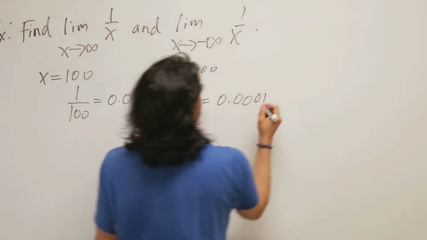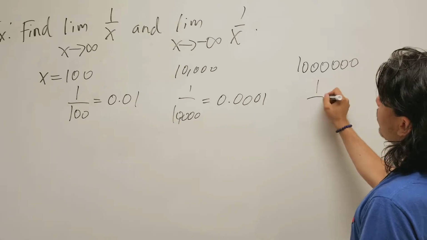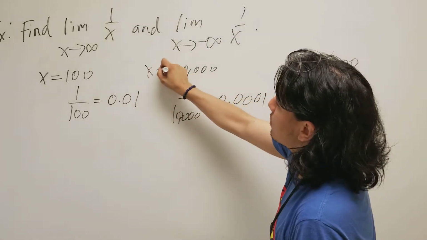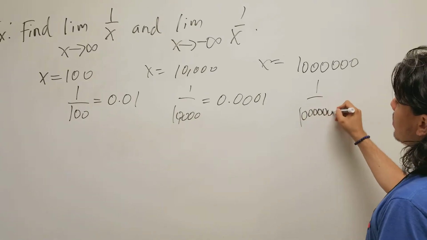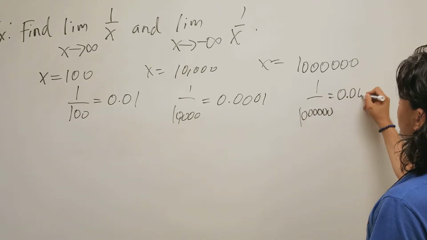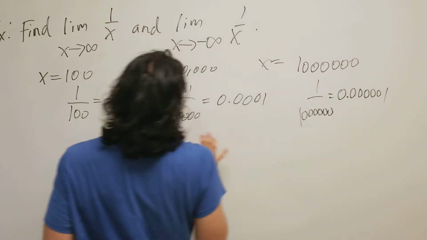And just for one more, just so you guys can see the pattern, if x equals 1,000,000, I get 0.000001. So what's the point of me selecting these values?